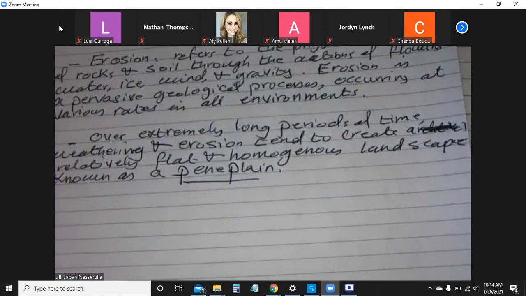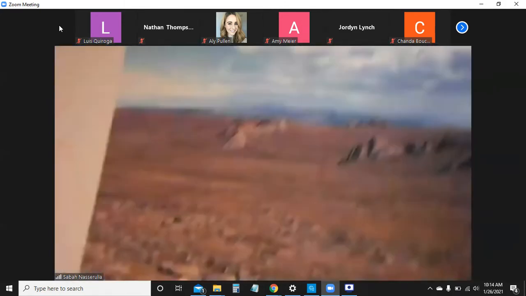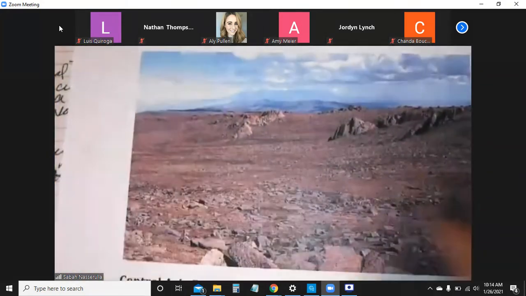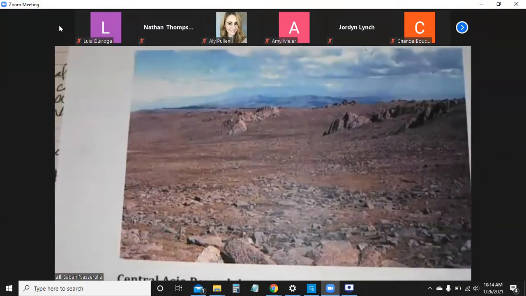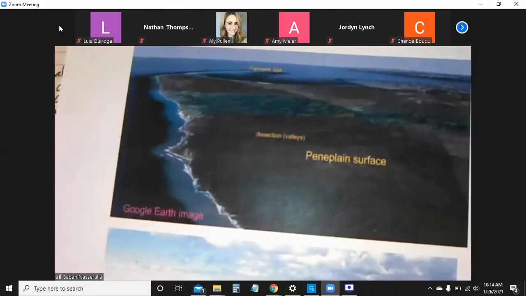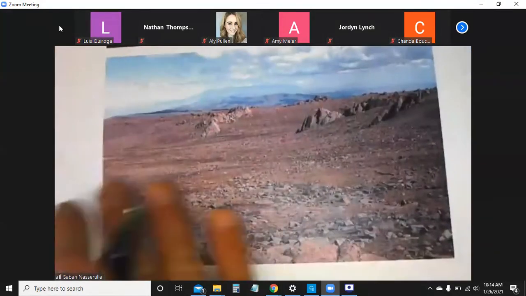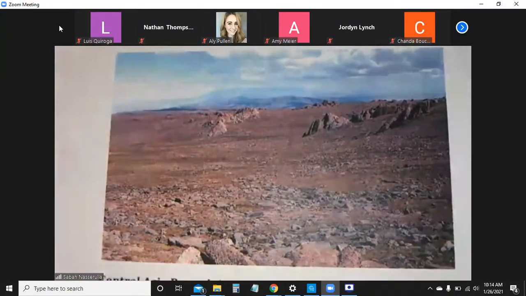You can also see this occurring in some areas in Central Asia, like this one here, or like this one here. So that's known as a peneplain.